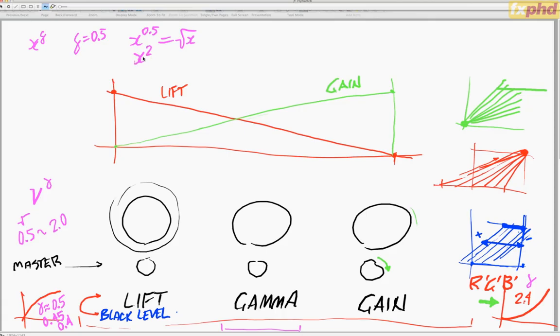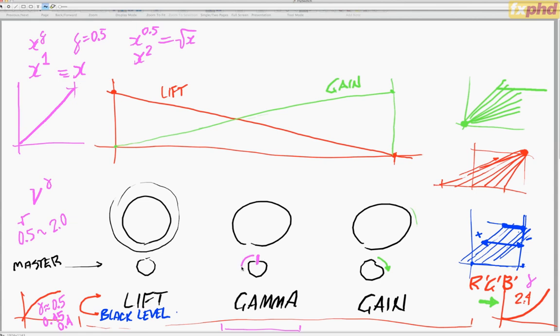And x squared is, of course, just x squared. The intermediate values, x to the 1 is just x. So if you set gamma to 1, it has no effect on the image data. And that's the center of that gamma control.